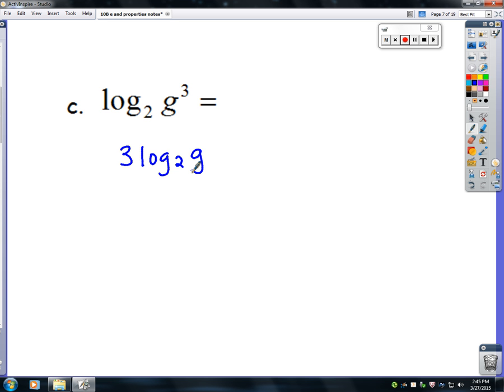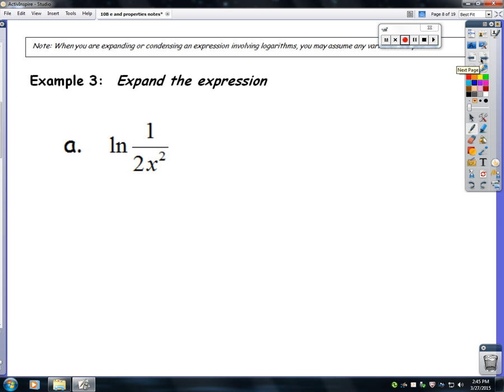Let's step it up a notch. Let's make them a little bit more difficult. All right, we got natural log here. Here again, we treat them the same way. Same properties work for natural log. We're asked to expand this. So look at what we've got. I do have to do a couple of steps here. I see division. I know division is going to turn into subtraction. Down here in my new denominator, I've got multiplication.